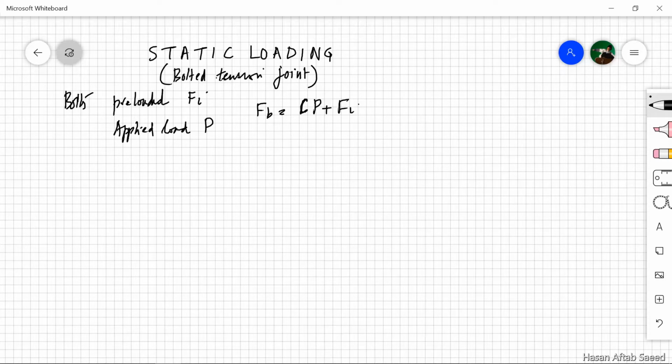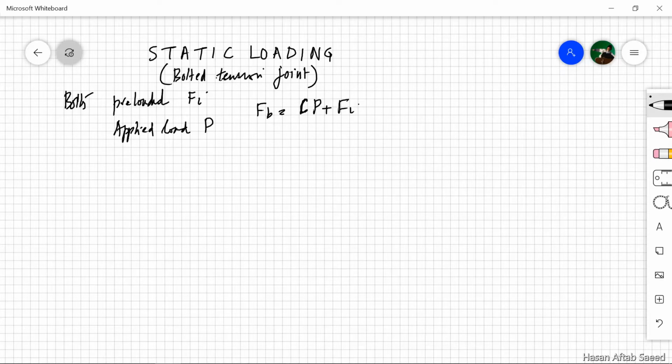Now, whether such a joint under load Fi and then applied load P, where P is static, that is, not varying in nature, is a safe joint or not, we have to find that out. And obviously we have to compare the stress produced because of these two loadings to the strength of the bolt.